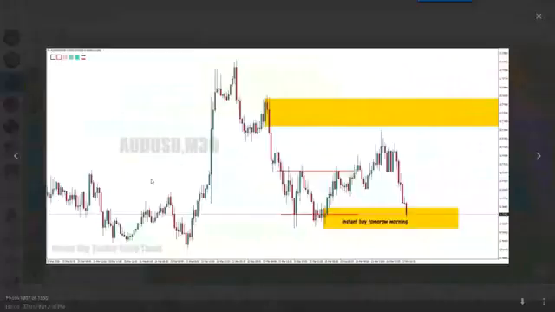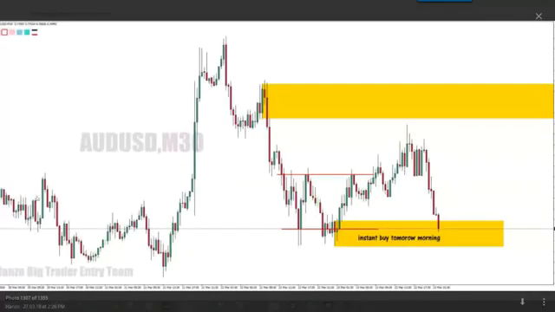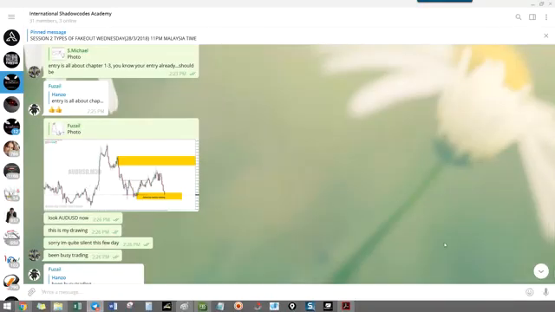This is the signal that I gave yesterday, I think, before price moved. So I already bought there.